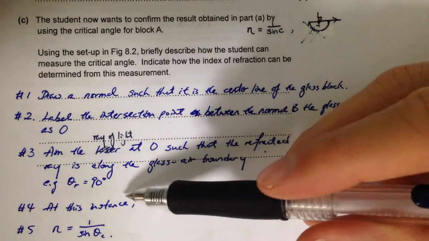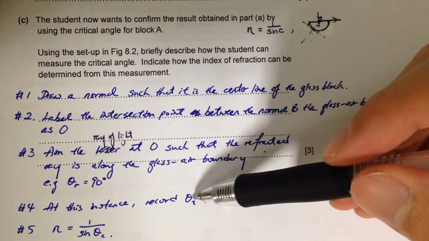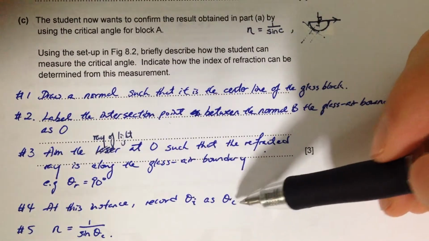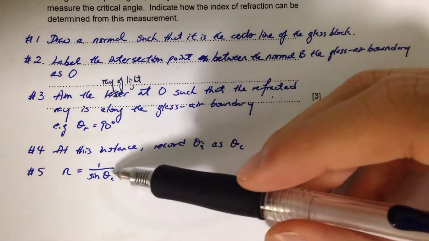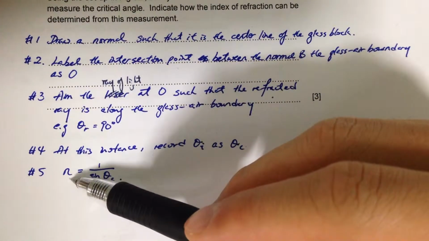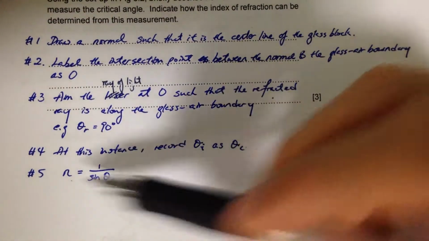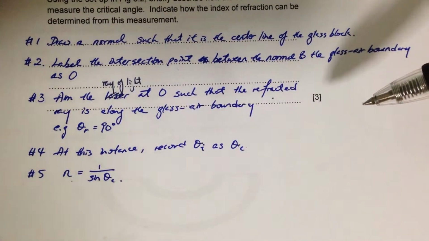At this particular instance, the angle of incidence recorded is the critical angle, and once you have this critical angle, you can verify whether your refractive index is equal to 1 over sine theta c, and then you can verify whether your n is correct.